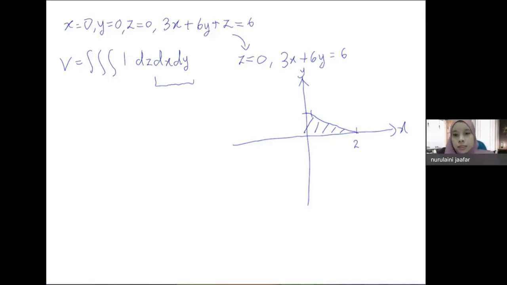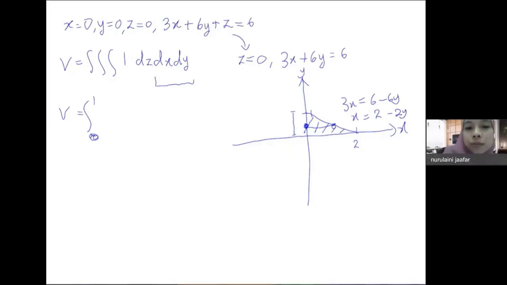Next, we can get the limits. What is the limit for y? y is the base, so y is 0 to 1. And then x: we start from x equal to 0 until x equal to what? 3x equal to 6 minus 6y, so x equal to 2 minus 2y.